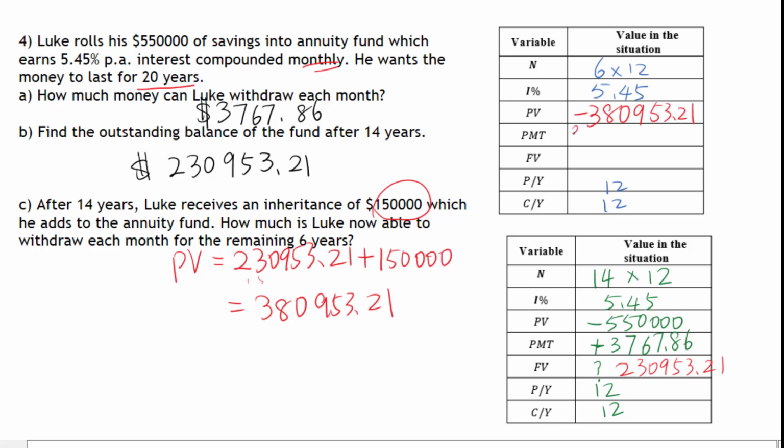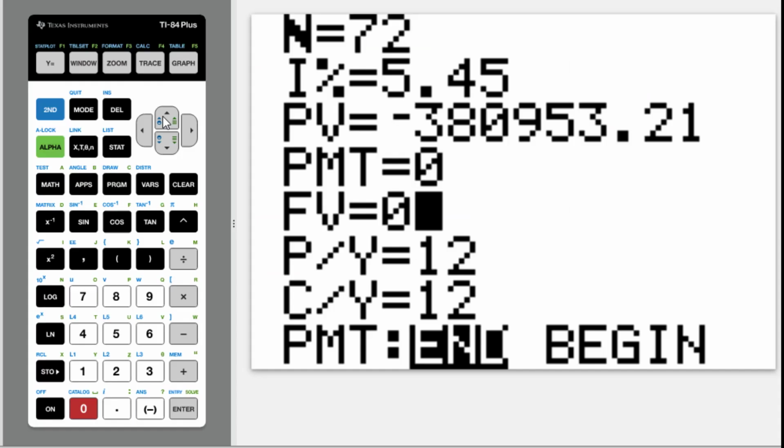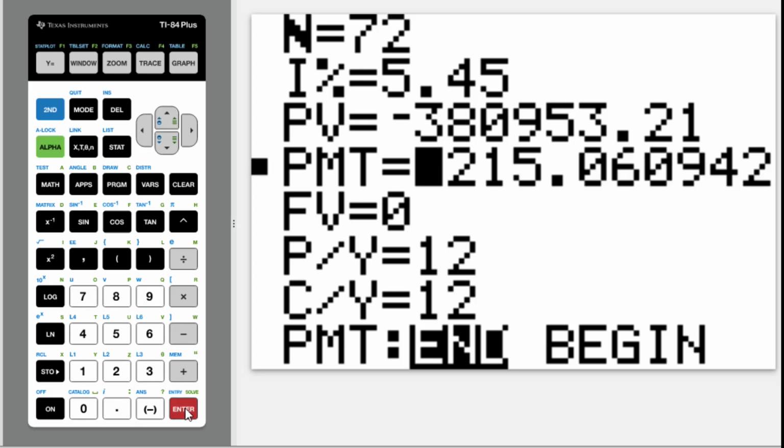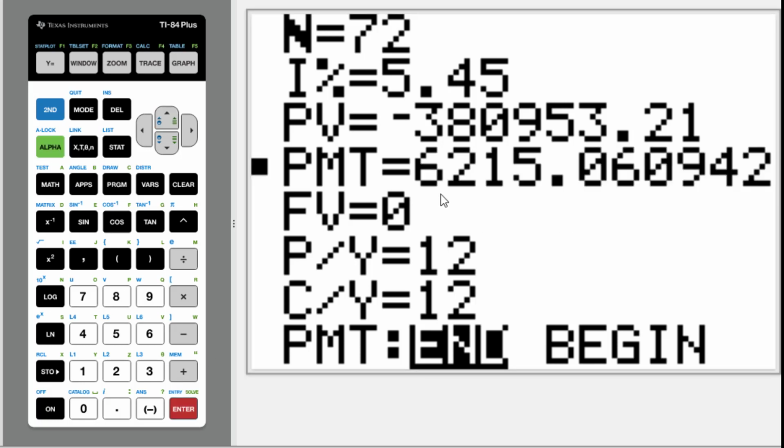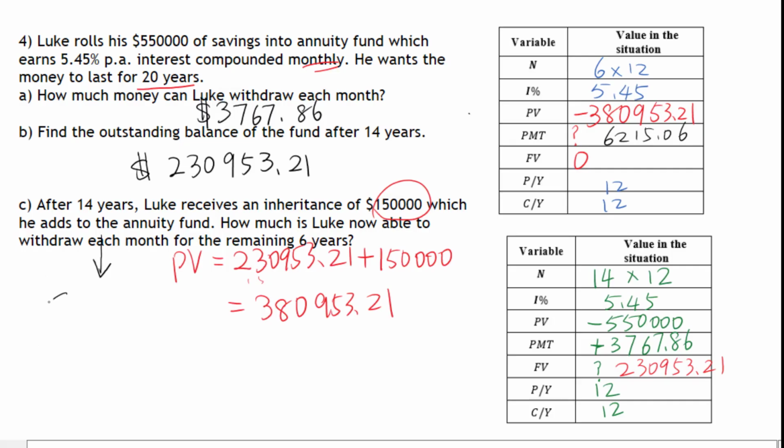PMT is something we are looking for. Future value will be 0. Then go back to this PMT, alpha, enter. Answer will be $6,215.06. So answer will be $6,215.06.